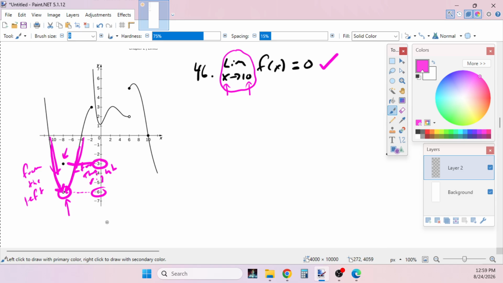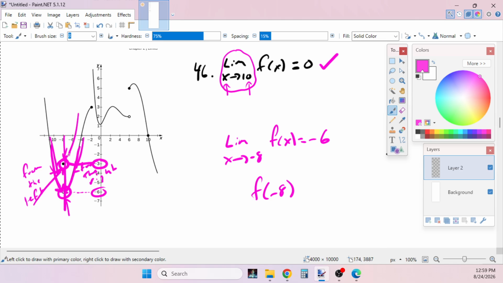So when we're talking about limits, we're talking about kind of the motion the function has, not the value the function actually attains at a point. So the limit, say the limit as x goes to -8 of f of x equals -6, even though f of -8 is this point here at -3.